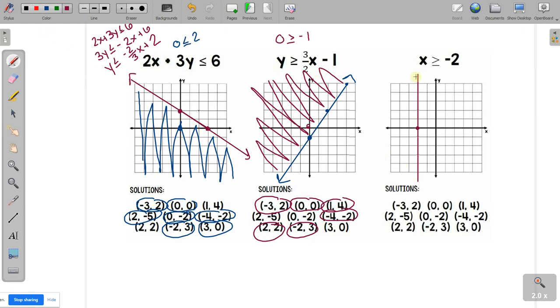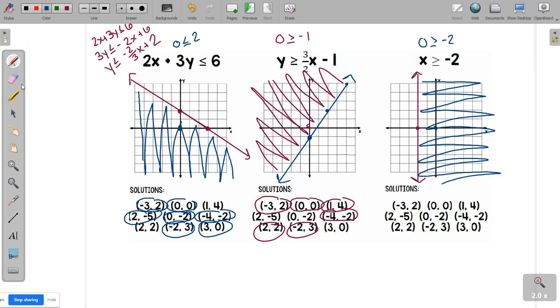Now we need to determine if it's solid or dashed. It is an equal to, so it's a solid line. Now we need to do a test point. Let's try (0, 0). Substitute 0 in. 0 is greater than or equal to -2. That is a true statement, so we're going to shade where (0, 0) is.